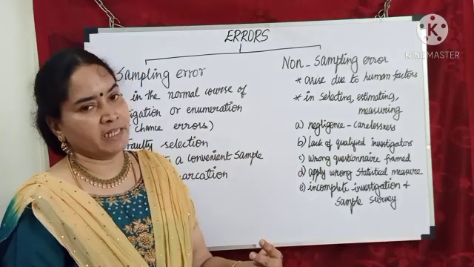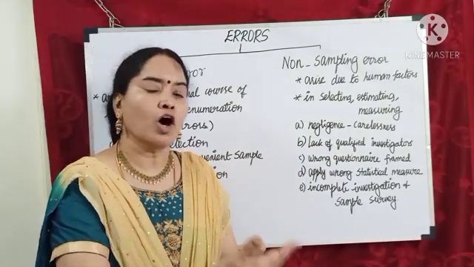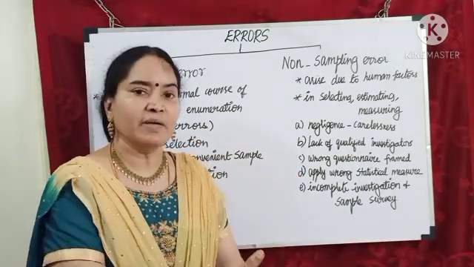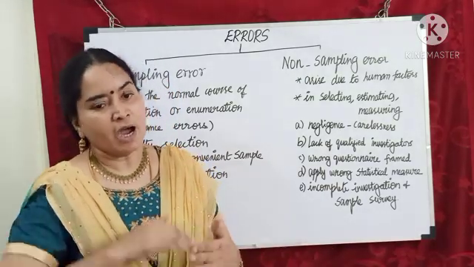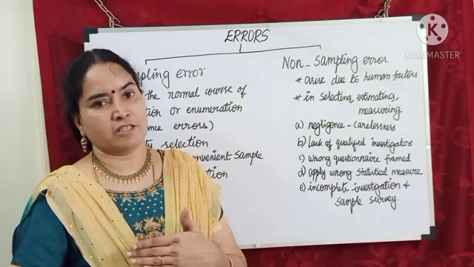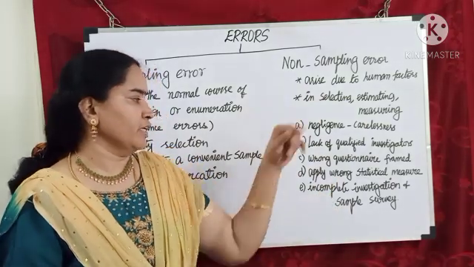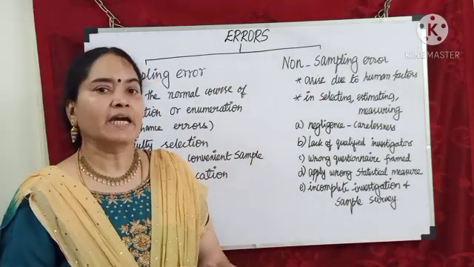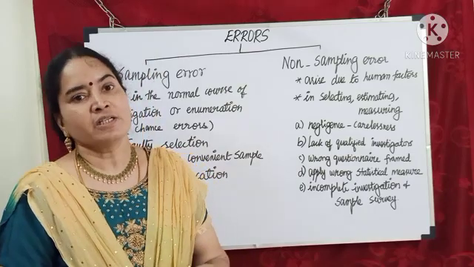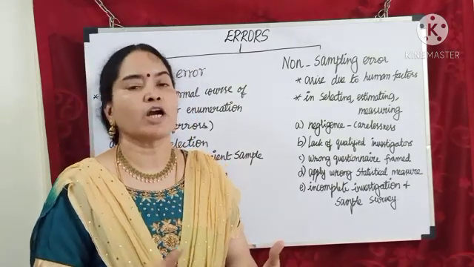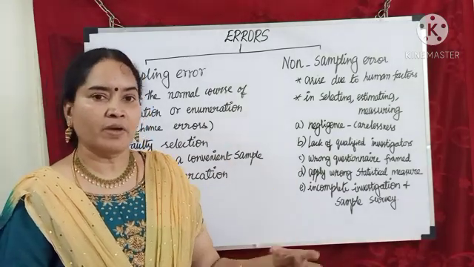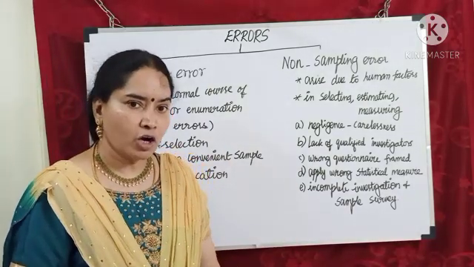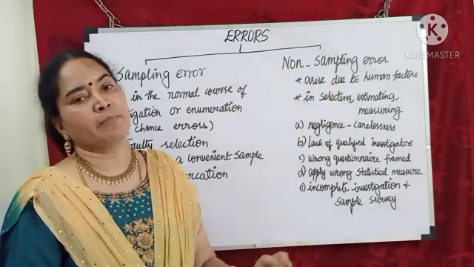The next idea, I may apply a wrong measure for finding mean or standard deviation, or for finding correlation. I may do something else. So that is also a reason for it. The next, incomplete investigation. The investigation itself is not completed in a proper way, or the sample survey is not complete. That also leads to non-sampling errors.